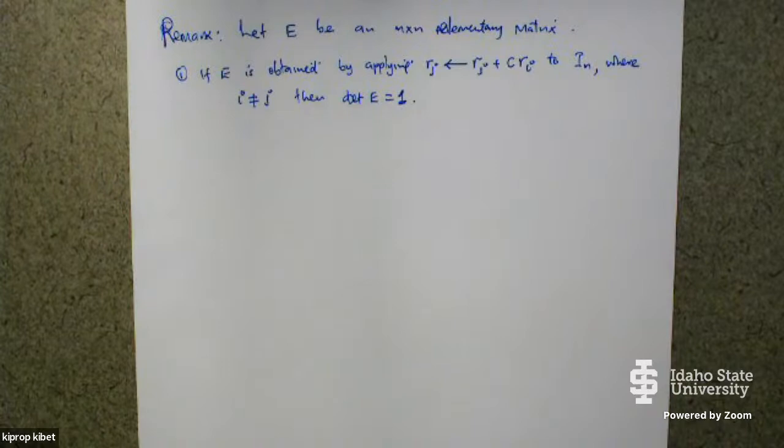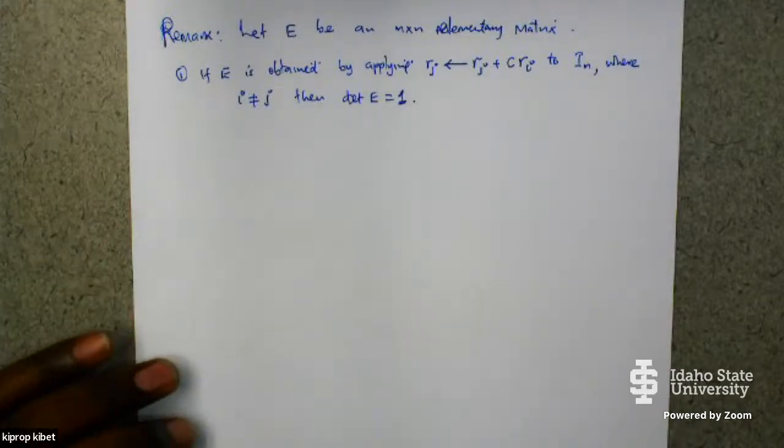So the first one there, when we added a constant multiple to a row, then when we find the determinant, you still get 1.